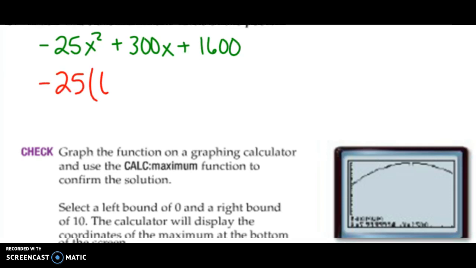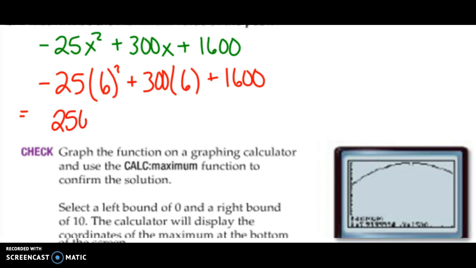So negative 25 times 6 squared plus 300 times 6 plus 1600. When I go to my calculator, I put all of that in with appropriate parentheses, and I get 2,500. So the maximum amount in the prize pool is going to be $2,500 with a maximum amount of charity income.